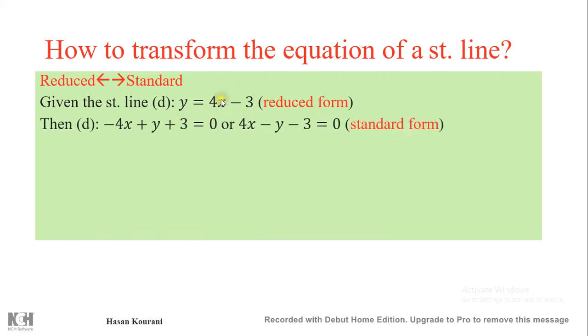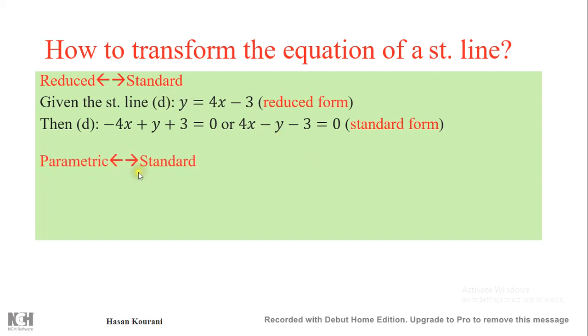You just take all the terms to the left side, keeping the right side 0. It will be -4x plus y plus 3 equals 0, or you may multiply both sides by -1 to get 4x minus y minus 3 equals 0, as you see here. Both are true standard forms of the equation of the straight line D.